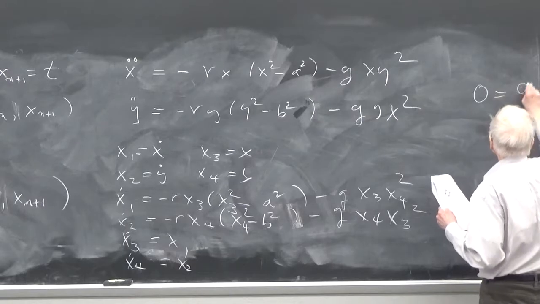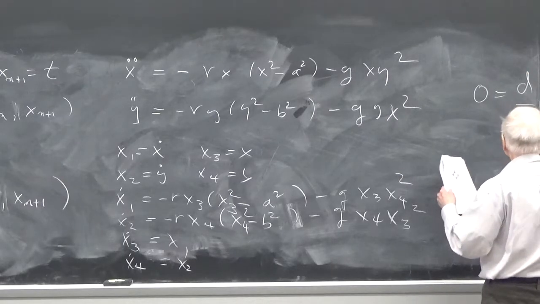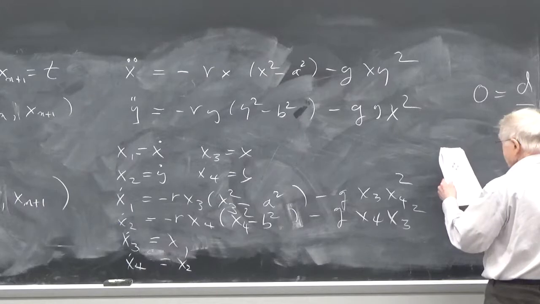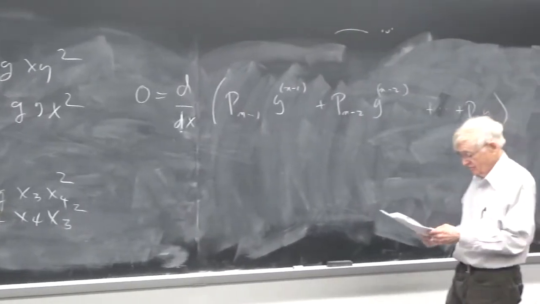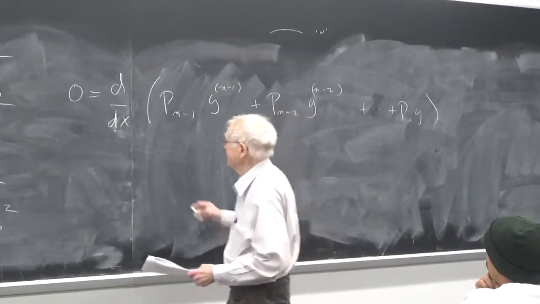Namely, if you have an equation that looks like this, d by dx of something, p_{n-1} y^(n-1), that's the n minus first derivative, plus p_{n-2} y^(n-2), the n minus second derivative of y with respect to x, plus dot dot dot plus p_0 y. If that's equal to 0, it turns out that that is exact.